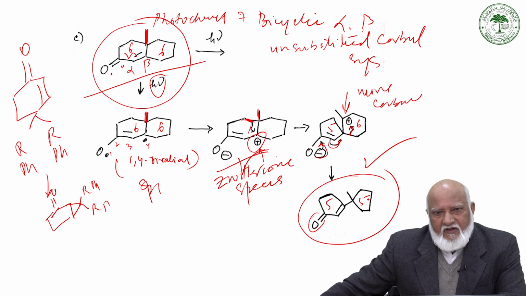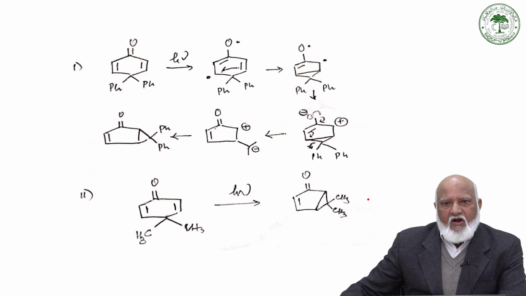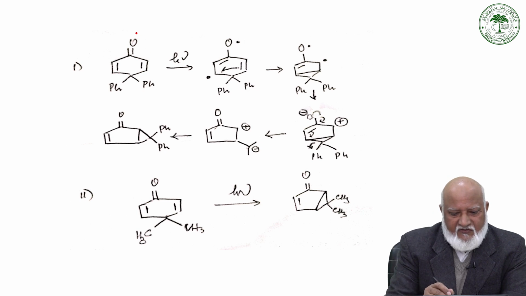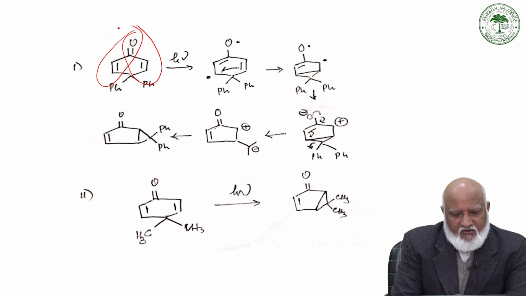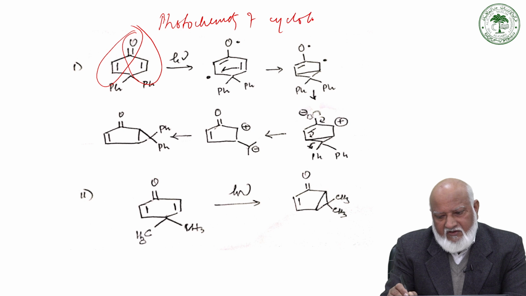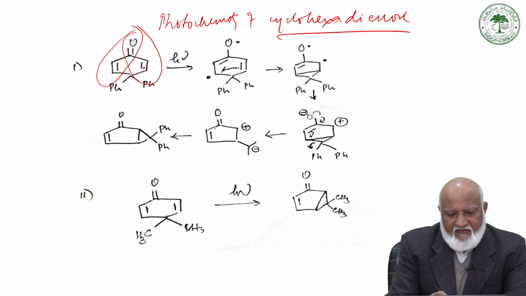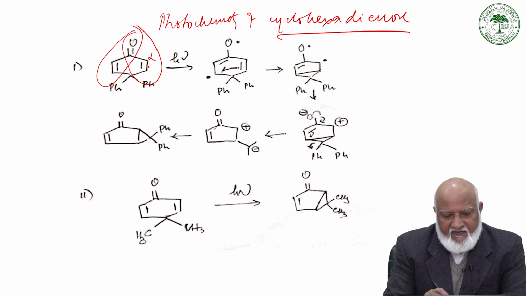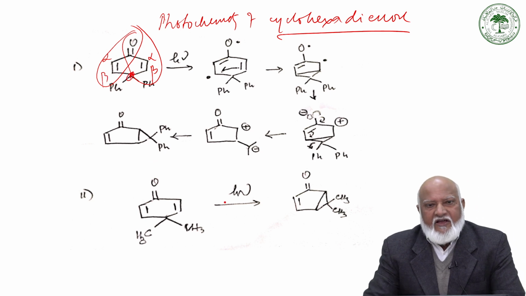So going further, we have seen the alpha beta unsaturated ketone. Now what happens when we have a cross conjugated system? We have an alpha beta unsaturated as well as a conjugate, so this is a cross conjugated system, cyclohexadienone. Photochemistry of cyclohexenone: we have a cross conjugated carbonyl, alpha beta unsaturated, but with a 4,4 disubstituted system.